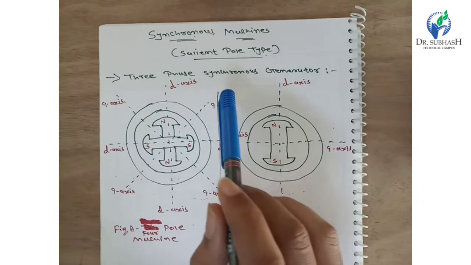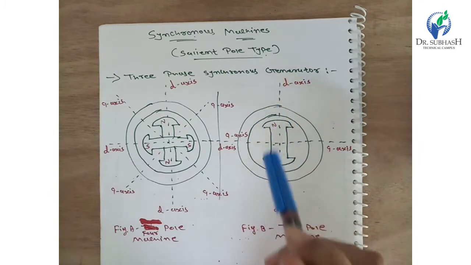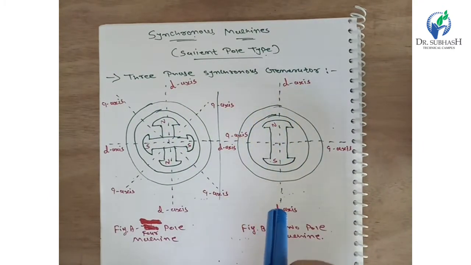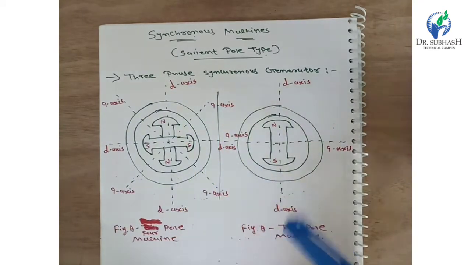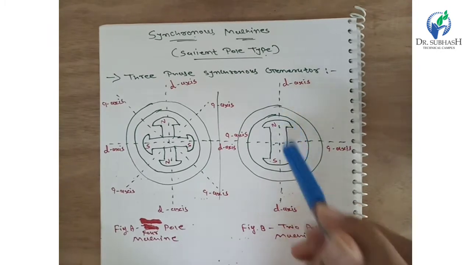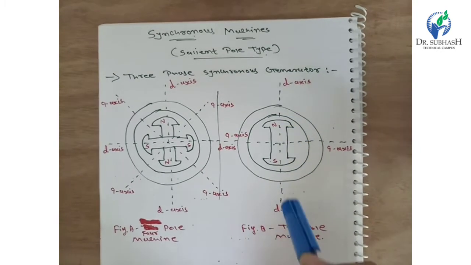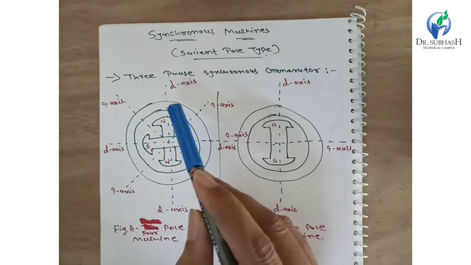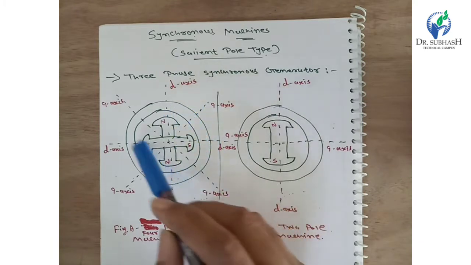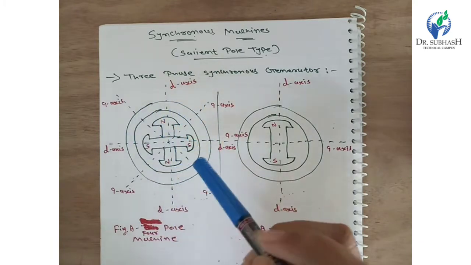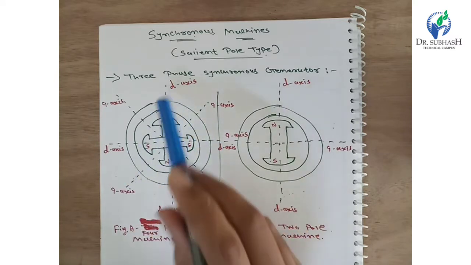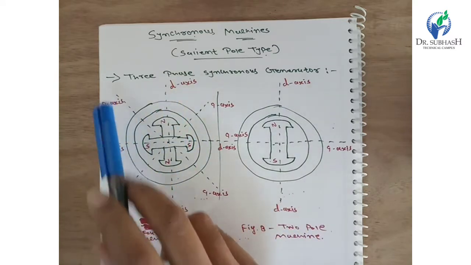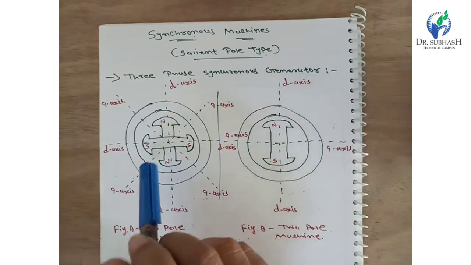The three-phase synchronous generator construction is drawn in this figure. Here a 4-pole machine is drawn, and that is a 2-pole machine figure. In the 4-pole machine, the poles are constructed and the quadrature axis is drawn. The D axis and Q axis are clearly shown.